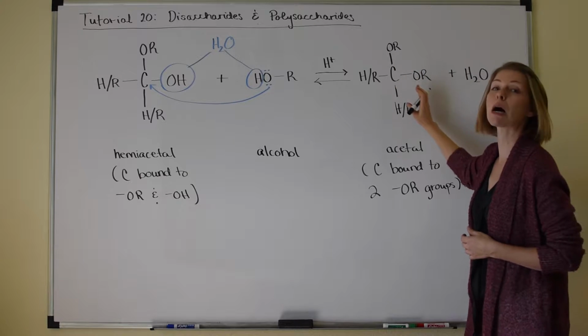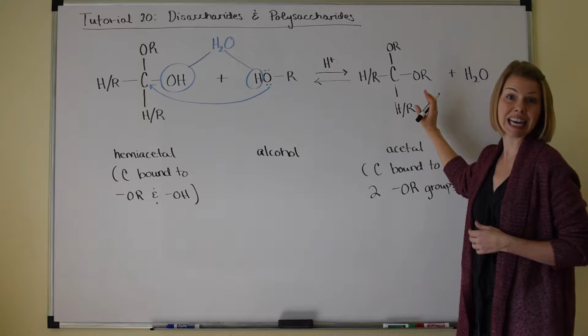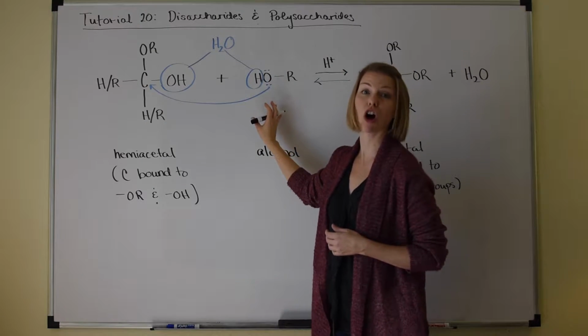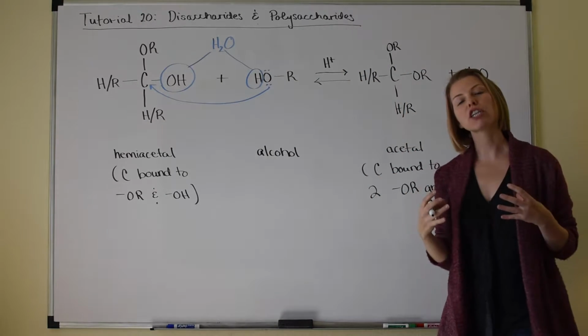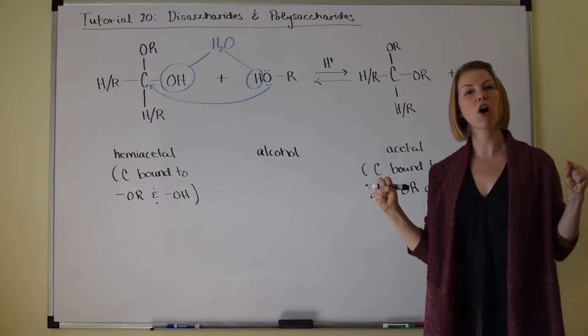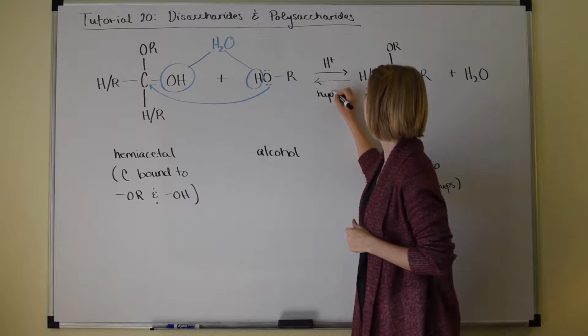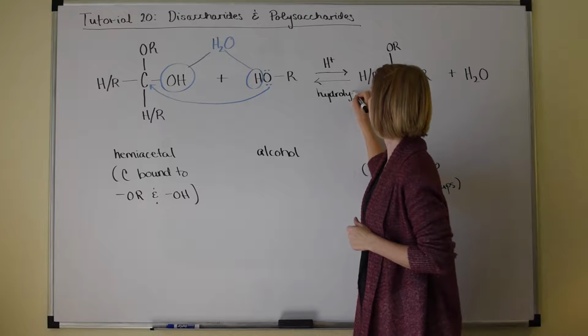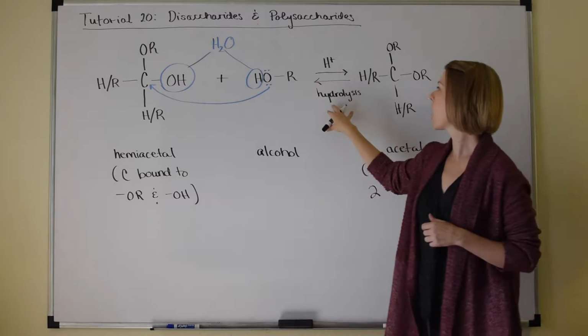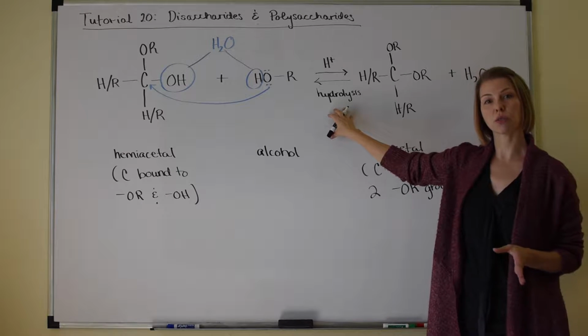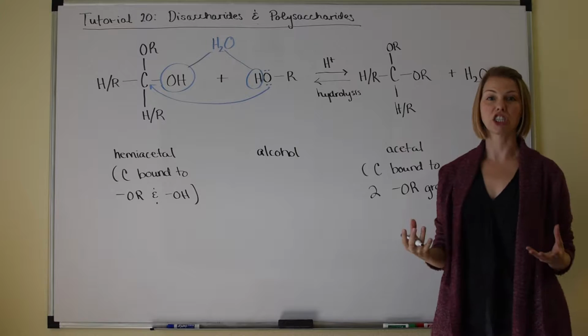Water can split apart that acetal, reverting it back to the hemiacetal and the alcohol. And any reaction where water is splitting apart a bond is referred to as a hydrolysis. So I'm going to label that reverse arrow hydrolysis. And we're going to see a lot of hydrolysis reactions when we get to digestion.